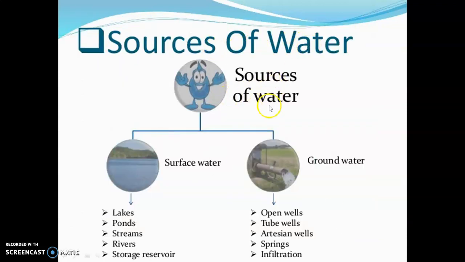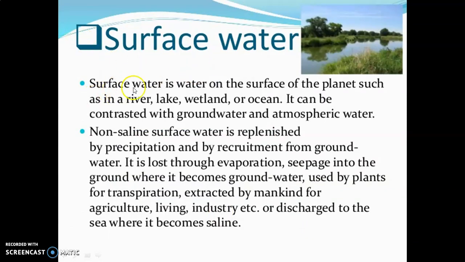Sources of water: there are two sources, surface water and groundwater. Surface water examples are lakes, ponds, streams, rivers and storage reservoirs. Groundwater sources are open wells, tube wells, artesian wells, springs and infiltration. Surface water is water on the surface of the planet, such as in a river, lake, wetland or ocean.